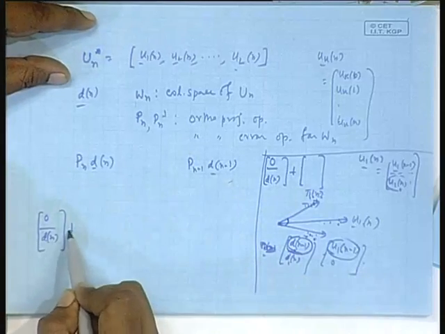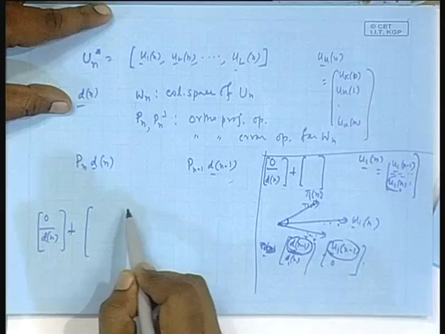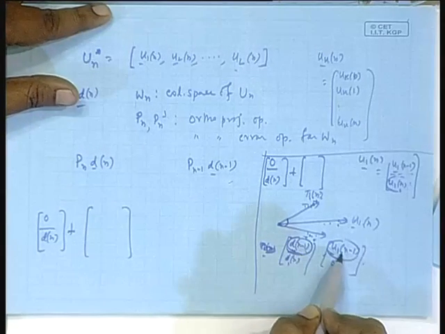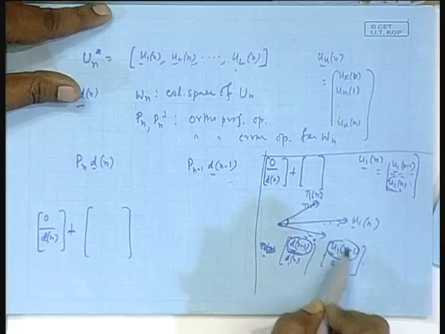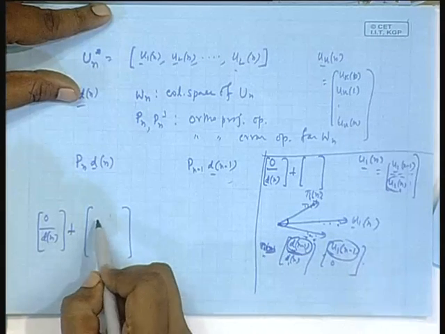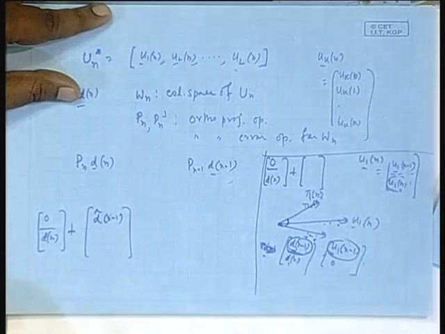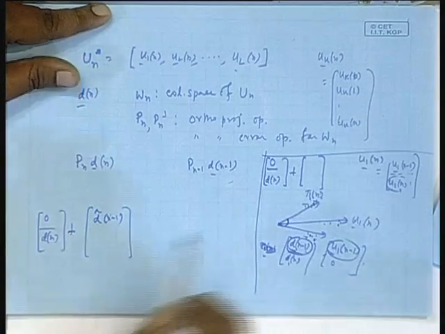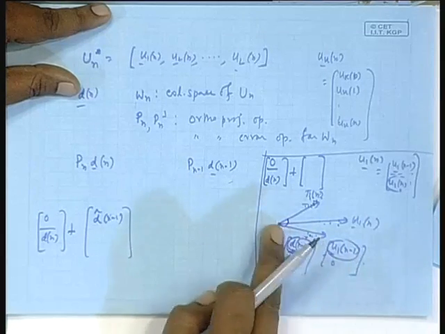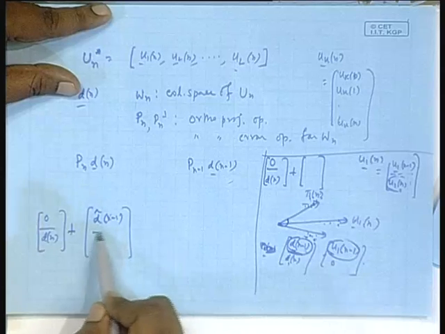So, you get that term, that is d n minus 1 vector inner product u 1 n minus 1 divided by the norm square of u 1 n minus 1 into u 1 n minus 1. So, basically this is an estimate at index n minus 1. Estimate means d n minus 1 if projected orthogonally on this vector, that is u 1 n minus 1, what you get is this and then 0.